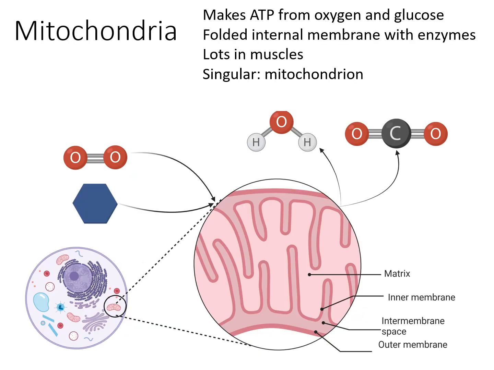The energy converting organelle in cells is mitochondria. Mitochondria are capable of taking oxygen and glucose, which you see over here on the left side of this picture, and then they do a series of oxidation and reduction reactions that result in carbon dioxide and water as waste products, but also a molecule called ATP.